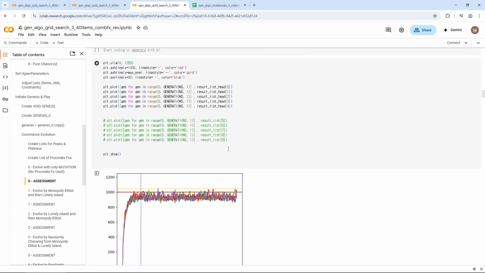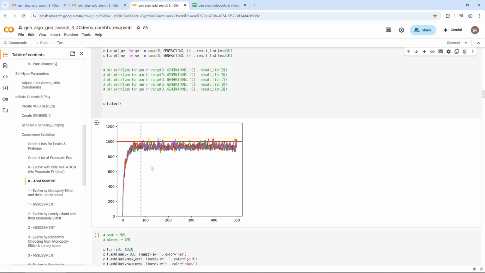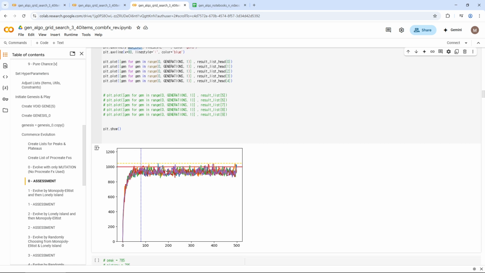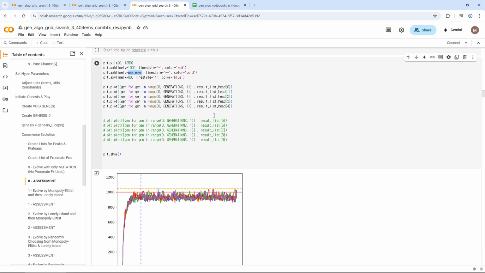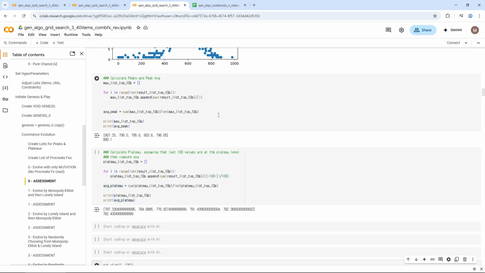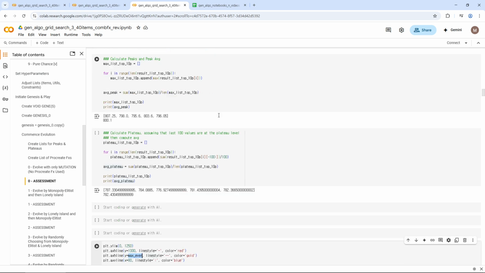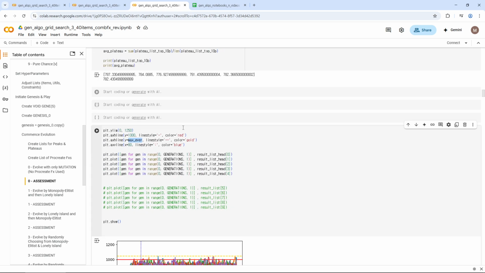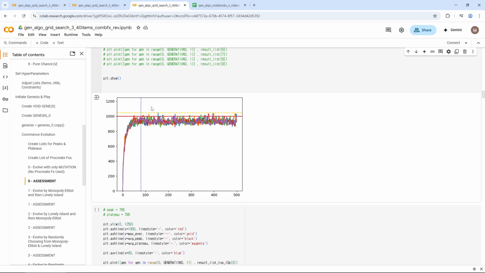And when we plot that out, this is the plot for the heads, so not that great. No, I mean maximum ever being 1045. So this is where I hit that maximum ever entity.